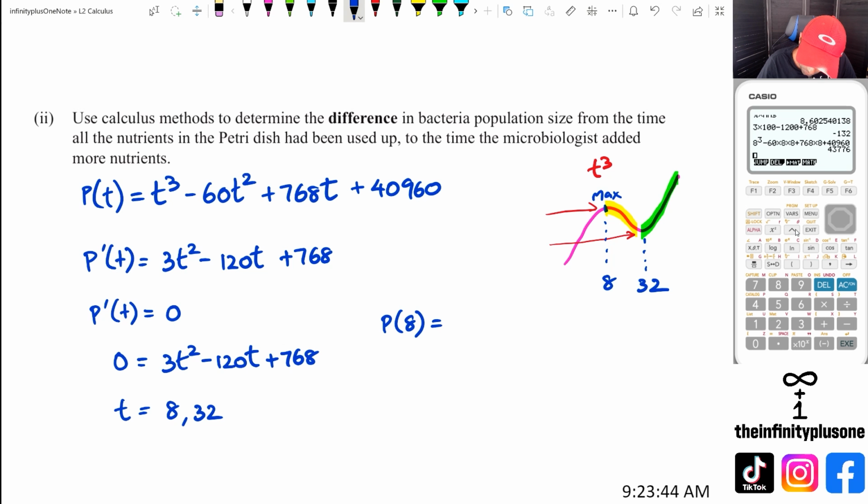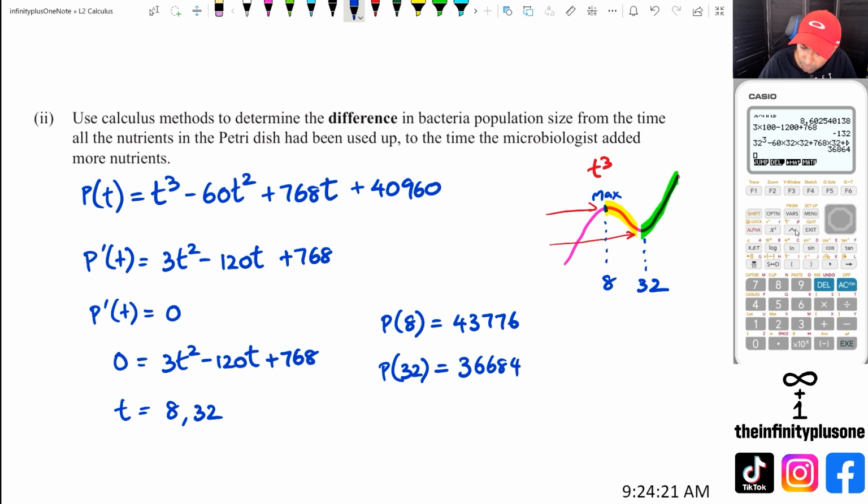So this is giving me 43,776. Then I need to figure out what the population was on the 32nd day. I wonder if I can just do this. 32. There we go. That's going to give me 36,684.